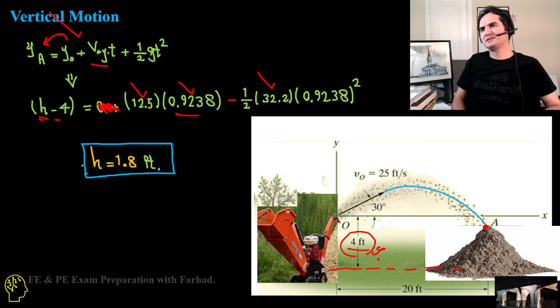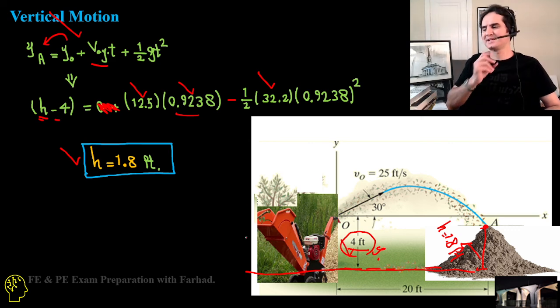If you do the math, it gives you h equal to 1.8 feet. That's this height, 1.8 feet from the same origin, which we consider the height at which the chipping machine stands.